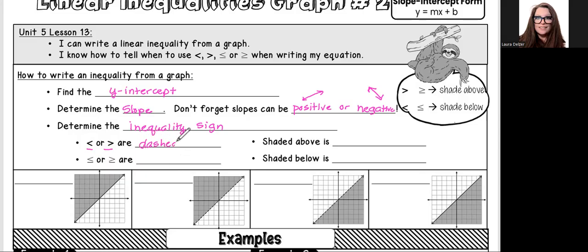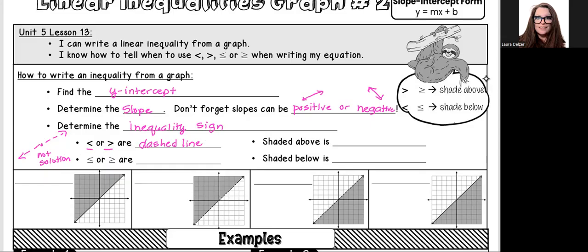Remember in the last class, we talked about how the reason we have a dashed line is because a point right there on the boundary of the line isn't a solution. So if you see a line like this, dash, dash, dash, and a point falls exactly on it, that point is not a solution.